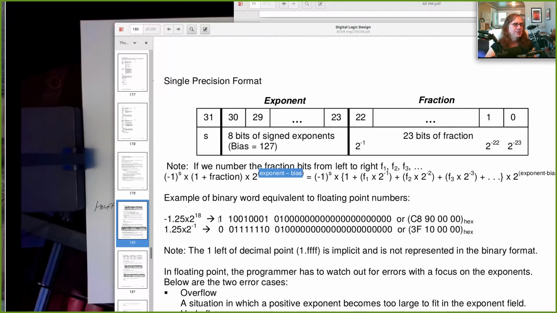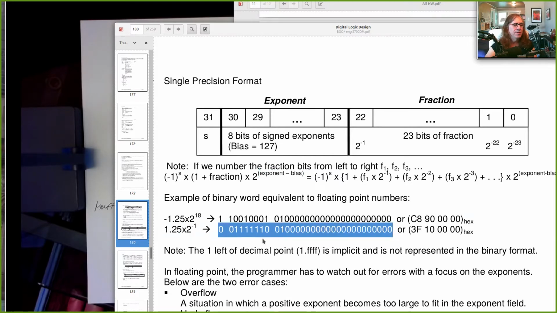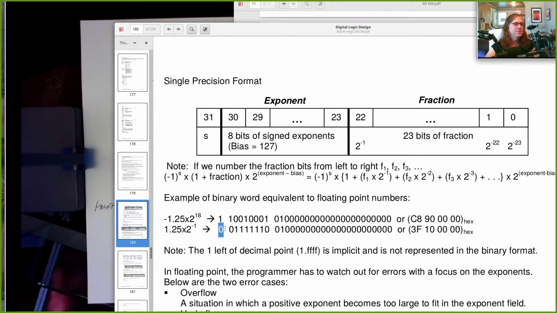So if you see a number like this, you take this sign bit that's a 0, so you're going to have a positive number. You take this number, which I believe is 126, and you subtract 127, you get negative 1. So you're going to multiply your fraction by 2 to the minus 1.